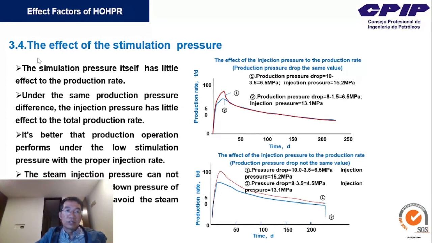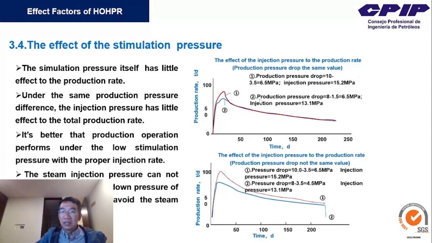3.4. The effect of the stimulation pressure. The first picture shows the effect of the injection pressure on the production rate. The production pressure drop is 10 minus 3.5 equals 6.5, and the injection pressure is 15.2.